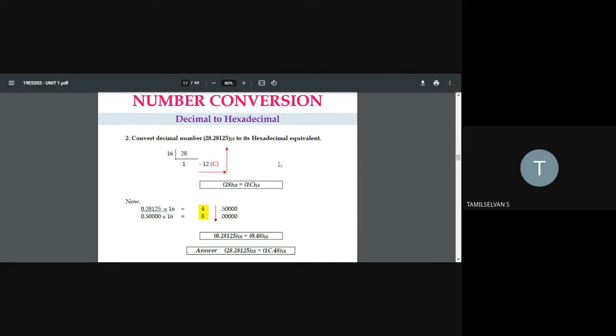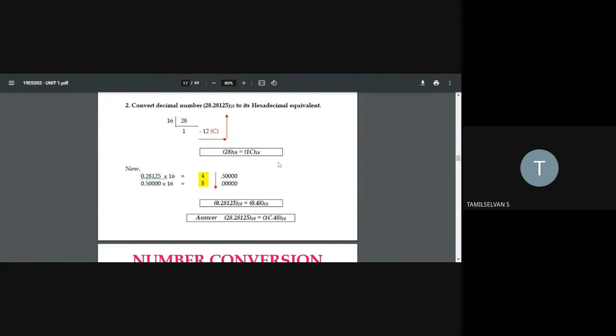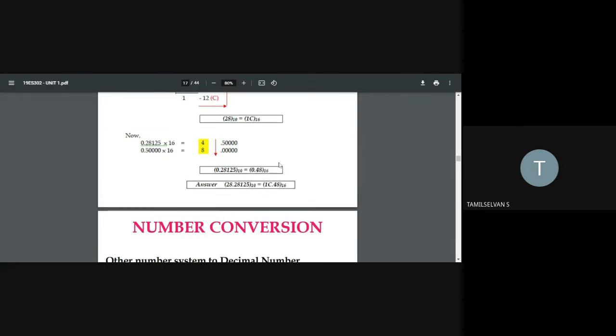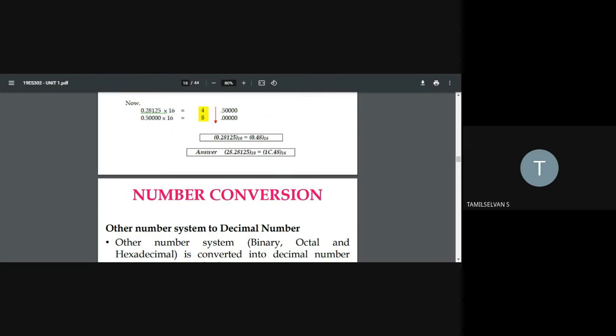So these are some basic conversions. That is the first conversion methodology: decimal to other number systems, that is decimal to binary, decimal to octal, and decimal to hexadecimal. Next I move to other number systems to decimal: binary to decimal, octal to decimal, and hexadecimal to decimal.